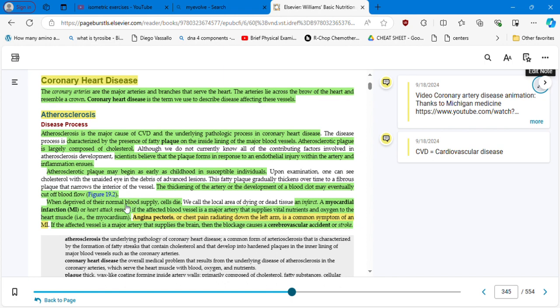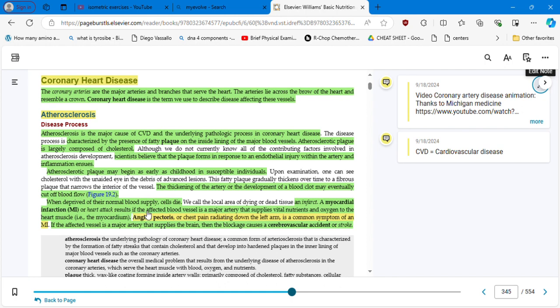When deprived of their normal blood supply, cells die. Of course, if they are not receiving the nutrients through the blood, neither the oxygen. And this is called infarct, a myocardial infarction or heart attack. So when I say MI or heart attack, it is the same. Okay? Myocardial, myo refers to muscle. So myocardial is the muscle of the heart.